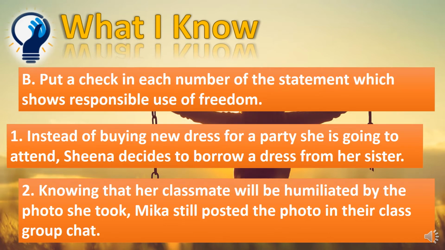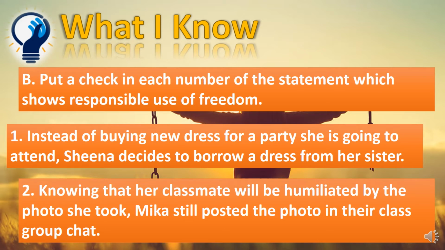Okay. Part B. I want you to put a check on your paper for the statement which shows responsible use of freedom. I will read each statement. Number 1. Instead of buying a new dress for a party she's going to attend, Sheena decides to borrow a dress from her sister. So what do you think? Does this statement show responsible use of freedom? Then you can put a check.